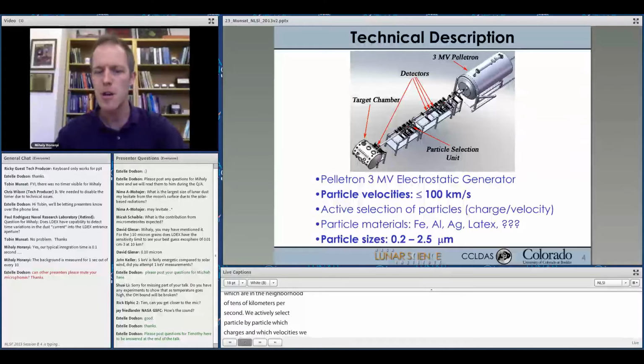We can accelerate any kind of material as long as it can conduct so that we can have efficient charging. So our workhorse material is iron, but we also can do aluminum or silver or even non-conducting materials if they are coated with a conducting surface or coating. The particle sizes that we're talking about are on the order of a micron.